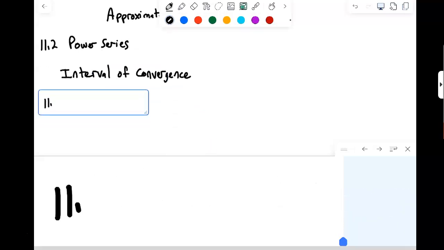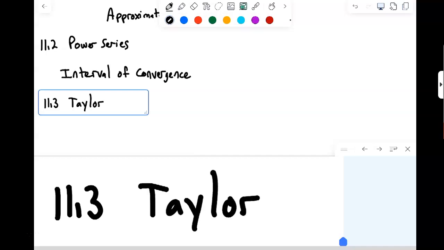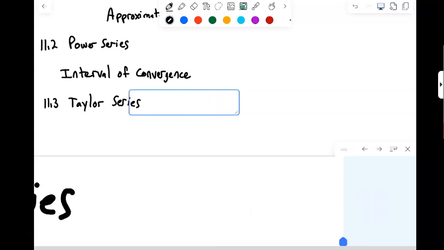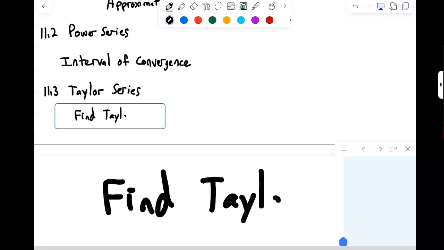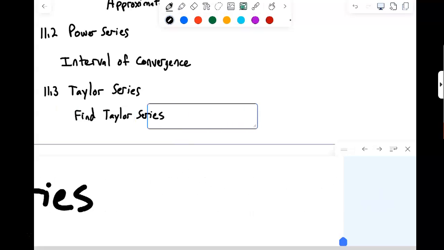And then 11.3, we talked about Taylor series. So you'll be asked to find a Taylor series or Maclaurin series.